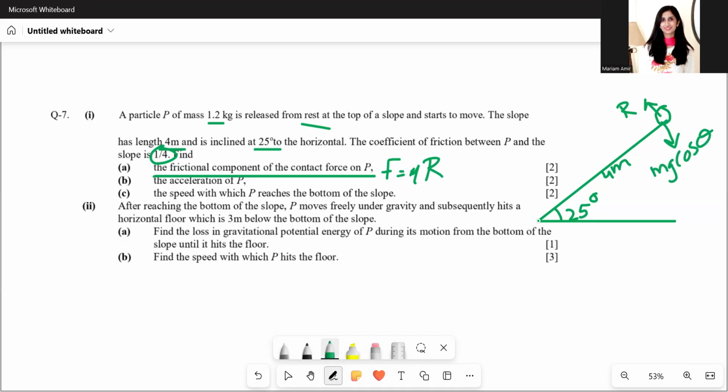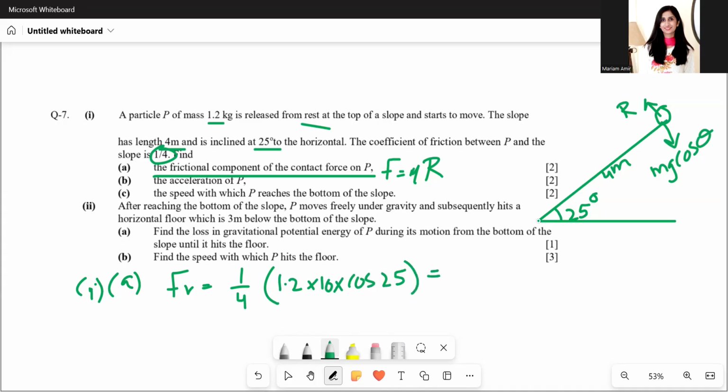So to solve part A, we're writing friction is equal to mu R. Mu is 1 by 4 and R is mg cos theta, 1.2 into 10 into cos 25. This is the friction. Let me check.